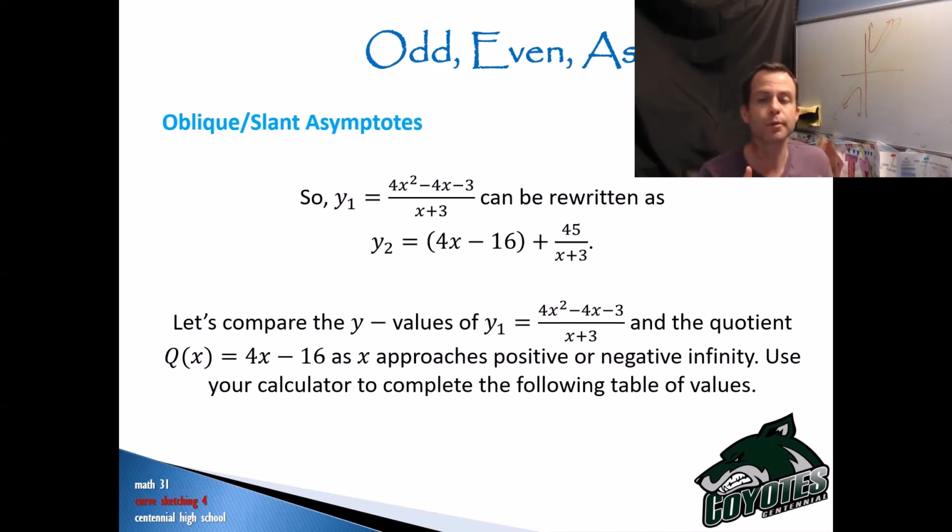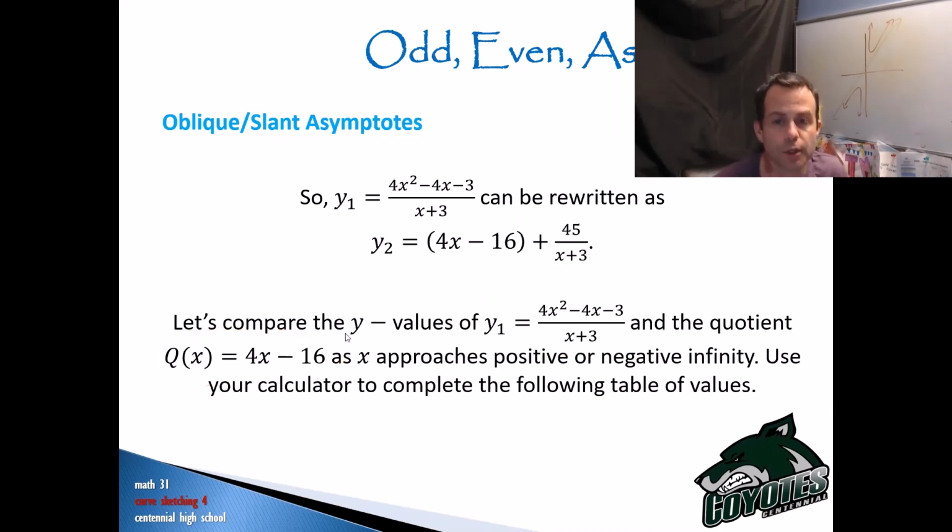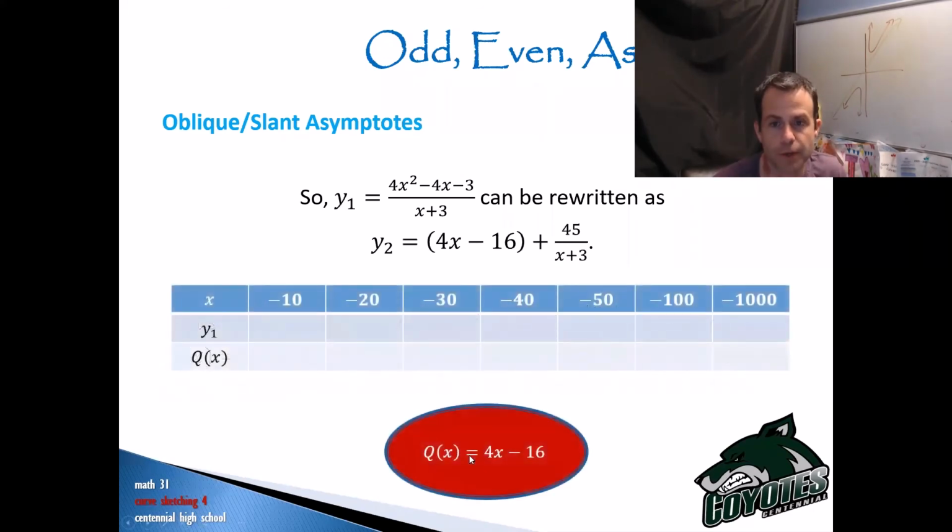Okay, so we want to compare this guy to this guy for a second, as x approaches positive or negative infinity. So we're going to set up some tables, one table approaching positive infinity, and another approaching negative infinity. Here we are going to do negative infinity first. This is going to take a minute.